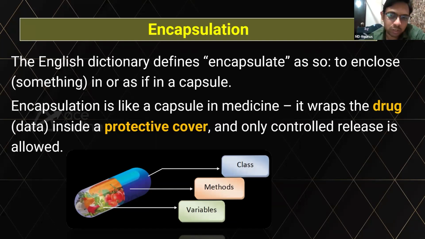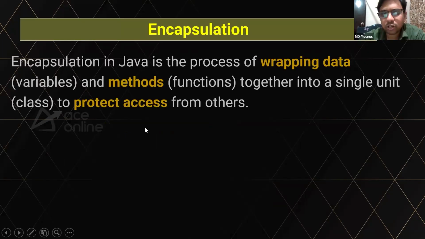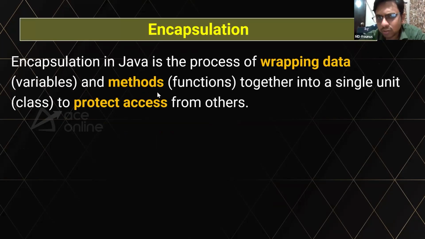Basically it is about protection. So in Java, encapsulation means the process of wrapping the data, which is nothing but your class variables, and methods, which are nothing but functions, together in a single unit called a class to protect access from others.